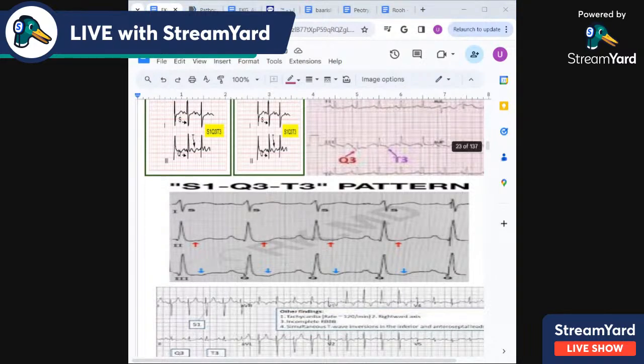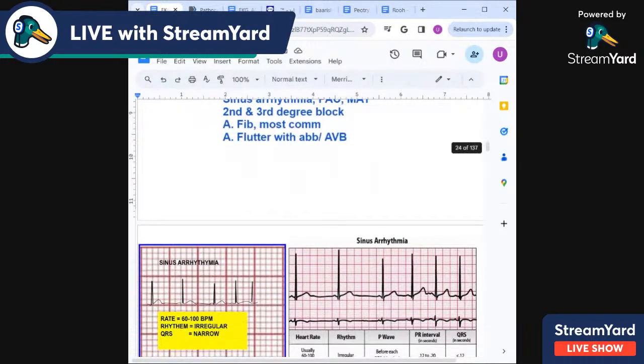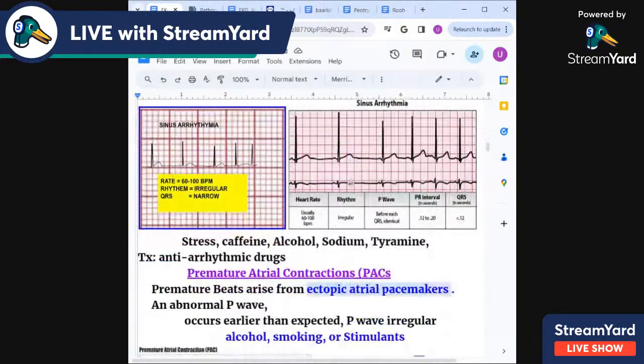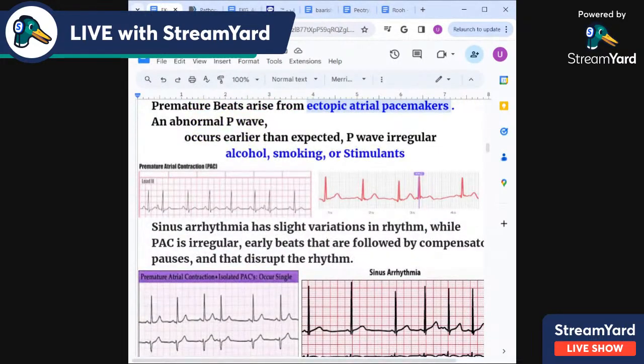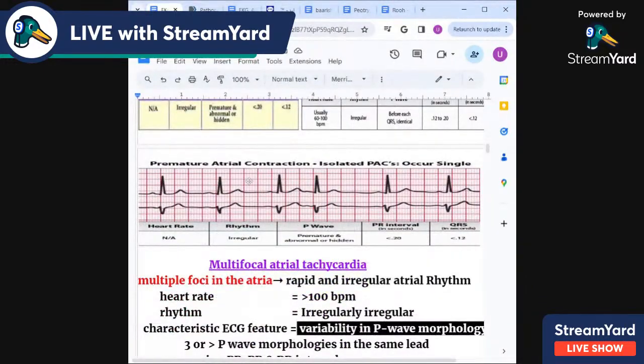So these were the causes, and then we did the irregular rhythm. In that we did sinus arrhythmia, then the EKG of premature atrial contractions.